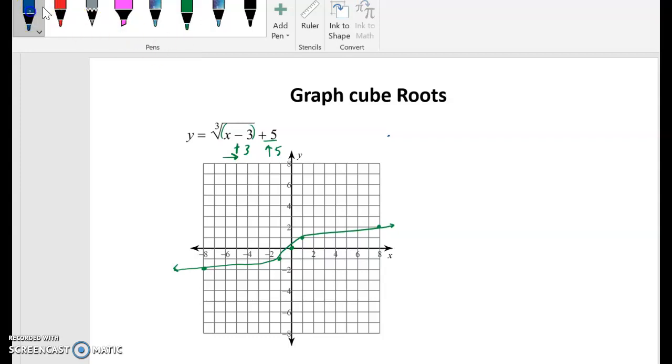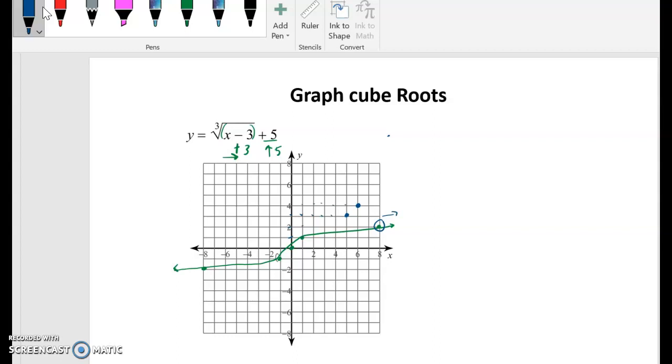So now let's change to blue. And I'm going to move every point up 3 units and right 5 units. So (0, 0), I'll move it up 1, 2, 3 units, and then 1, 2, 3, 4, 5 units. I'll move the point (1, 1) up 1, 2, 3 units, and then right 1, 2, 3, 4, 5 units. If I try to move (8, 2), it's going to be off of my grid, so I'm going to skip that one.